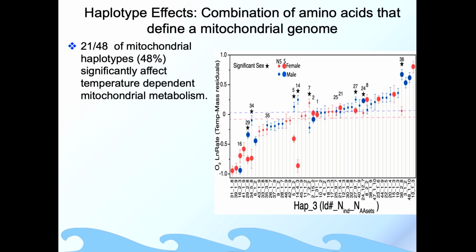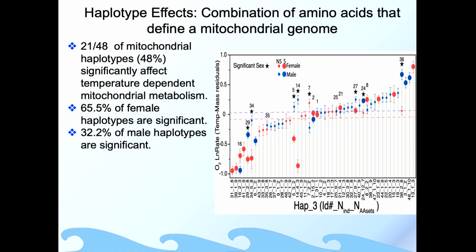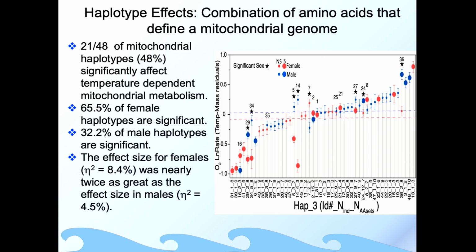But 21 of the 48 mitochondrial haplotypes significantly affect the temperature-dependent metabolic rate. 65% of them are in females. 32% are in males. The effect size, how much of the variation haplotypes explain, is about 8% for females and about half of that for males. Females have a larger effect and more effects than males.